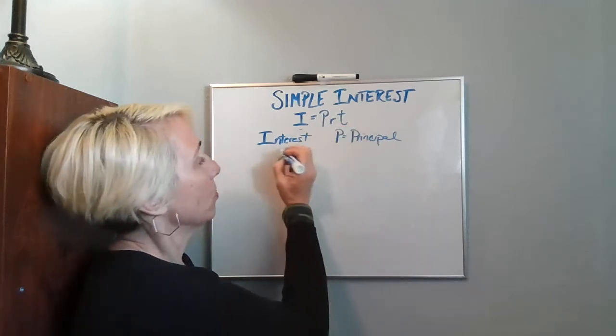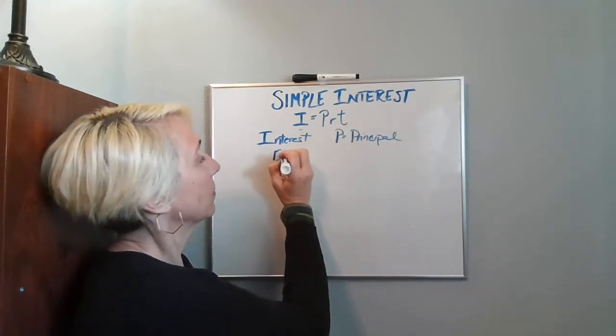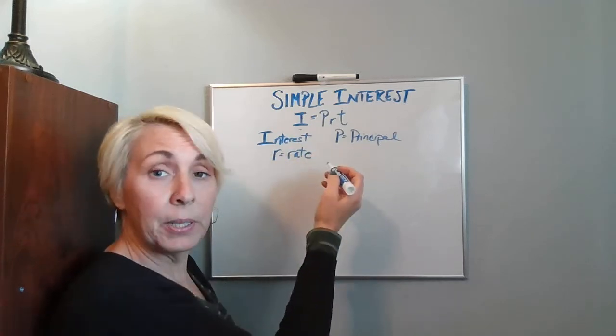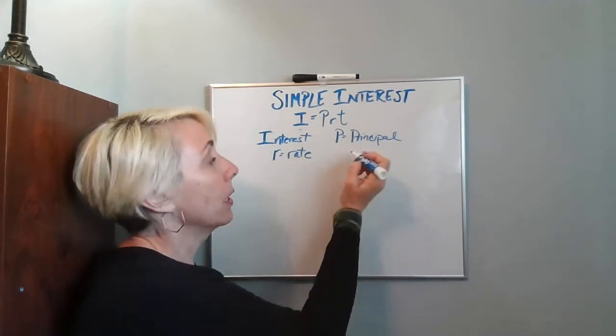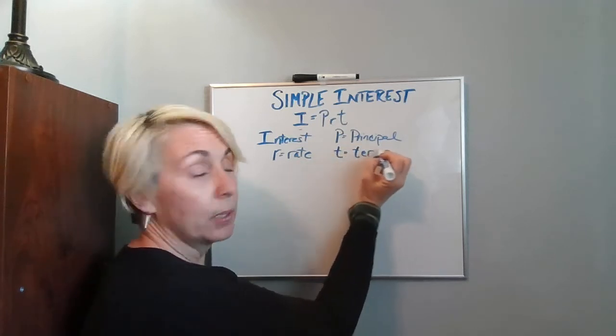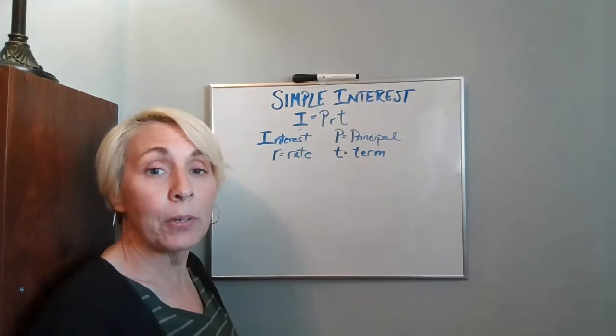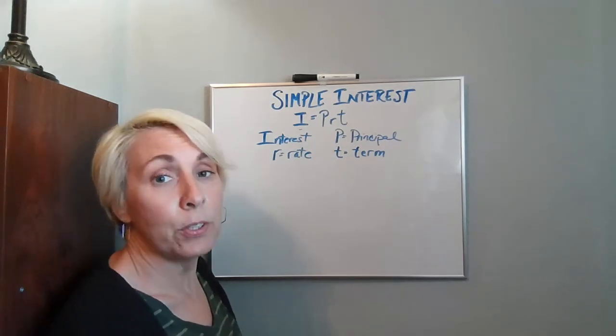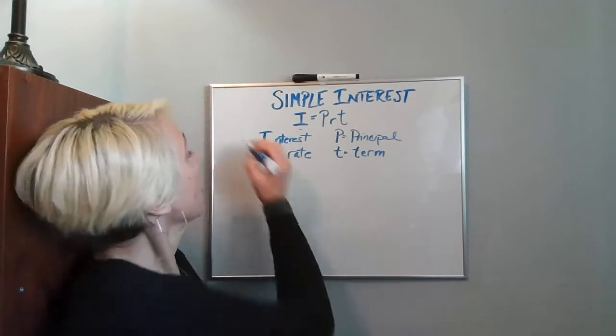Now R is rate. And rate will be given in a percentage, and T is the term. So the term is the amount of time. For my next two examples, we will be using years as our time.